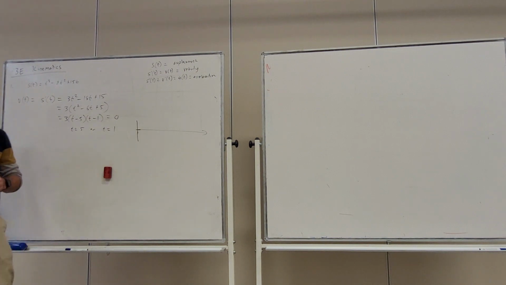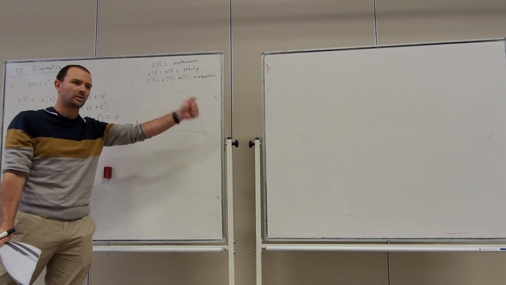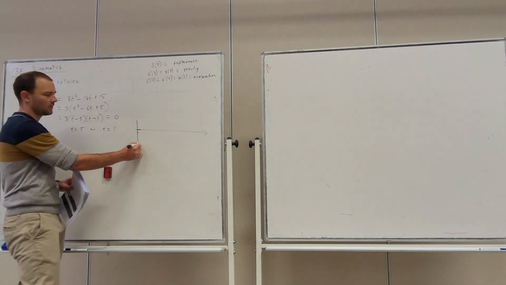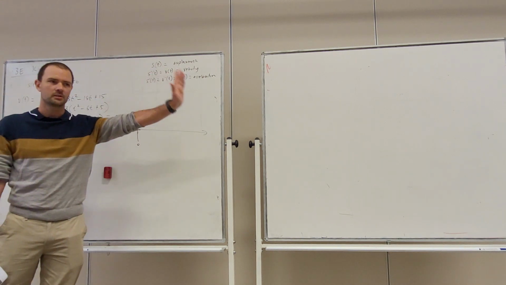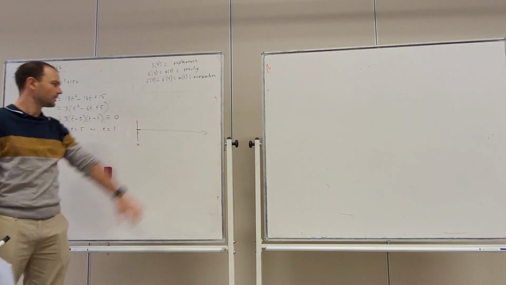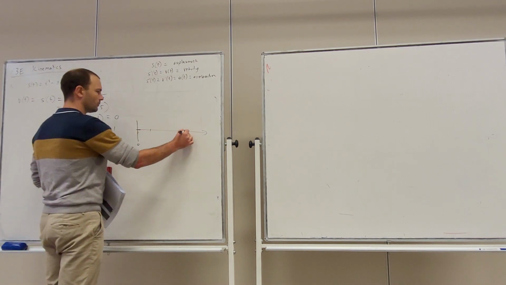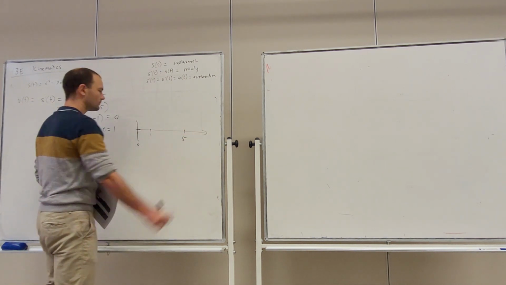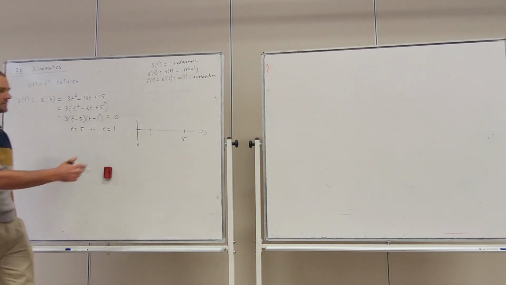Remember, we're only considering positive values of time. So this is 0, that's where the sign diagram begins. We have a root at 1 and a root at 5. It is a quadratic, it's opening upwards, so we have a positive a value.